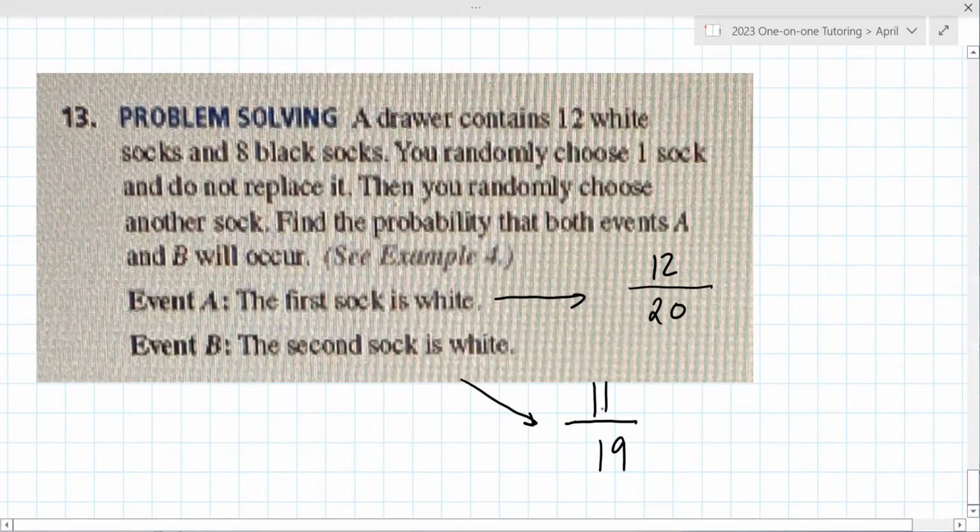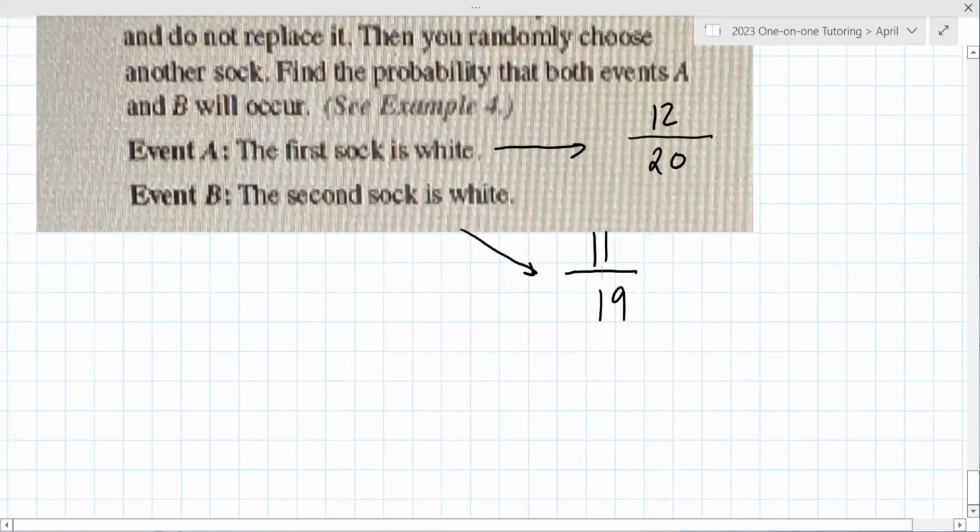I'm asking these questions because going through it the first time, it's got to be very clear. It's 12 because there's 12 to start. There's 11 because you chose one. There were 20, but you physically took one out, so now there's 19. And it says here to assume that event A occurs before event B. All right, now the probability of both events is the multiplication of them, 12 over 20 times 11 over 19.